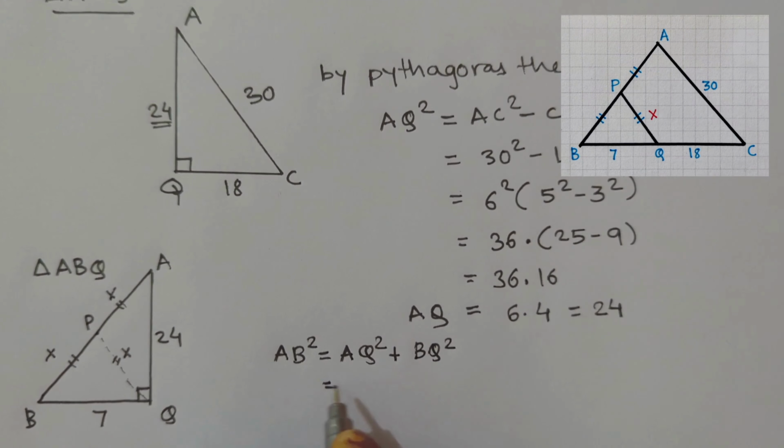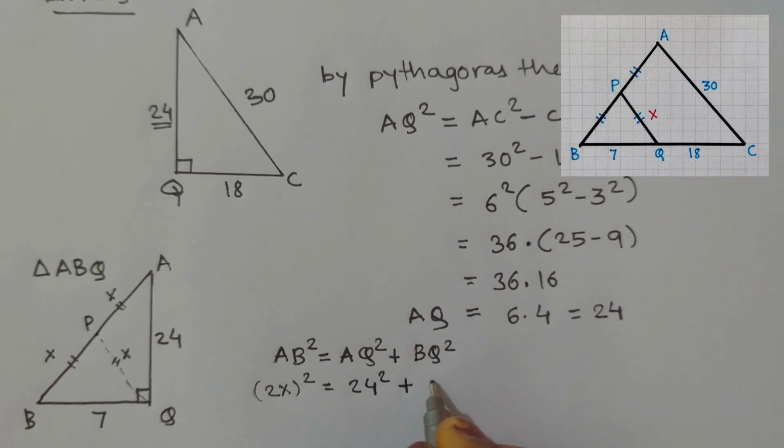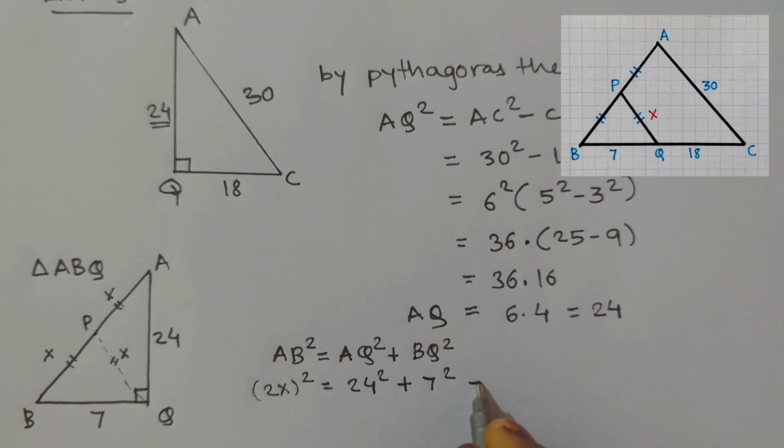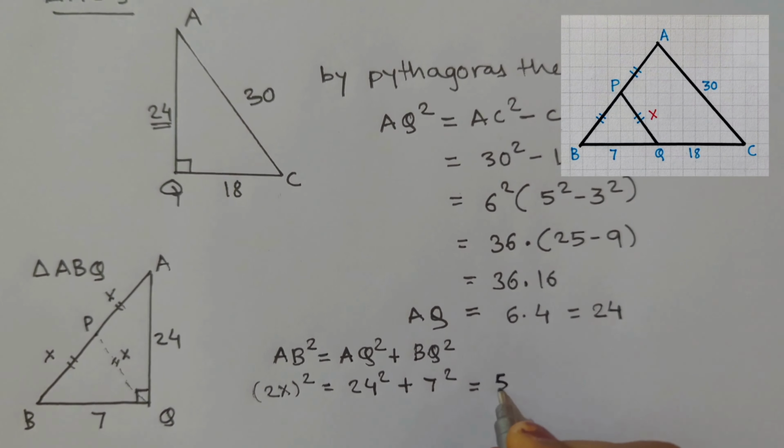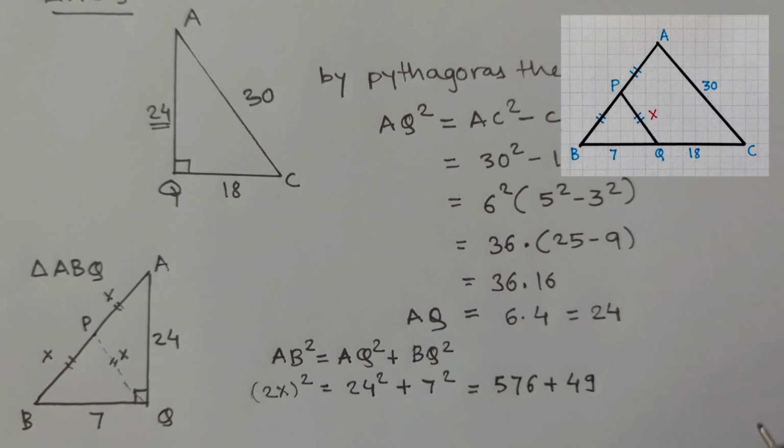We know that AB is 2x, so 2x square equals 24 square plus 7 square, which is 576 plus 49.